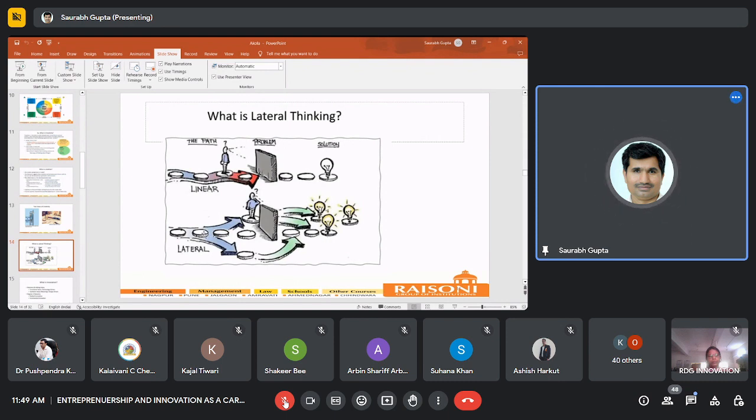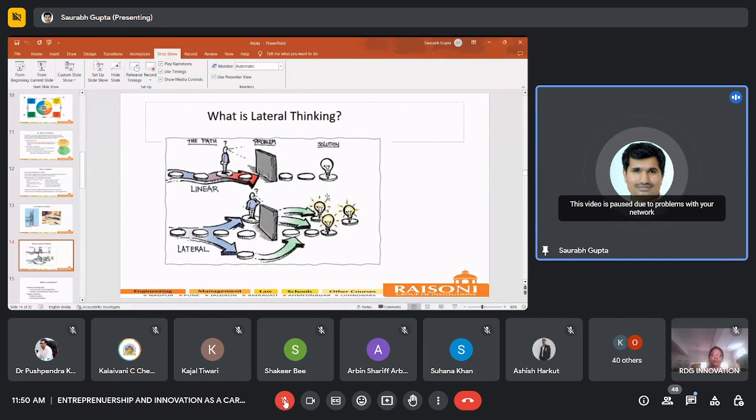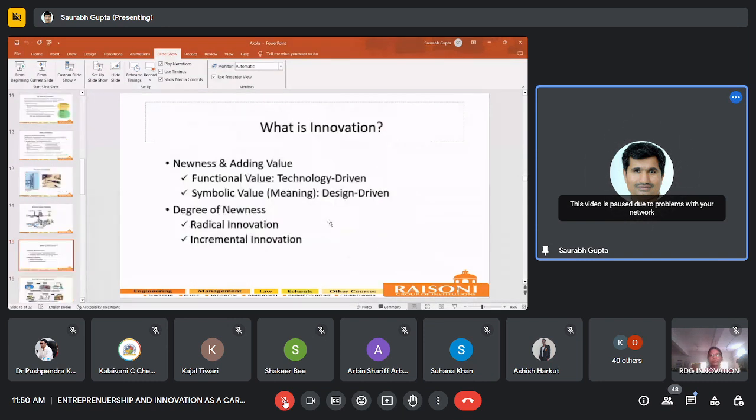So this is called lateral thinking, which is somewhat critical in nature, creative in nature. In linear thinking you get the direct result, while in lateral thinking you get multiple results, and you have to find out which solution is optimized and which is feasible for you.